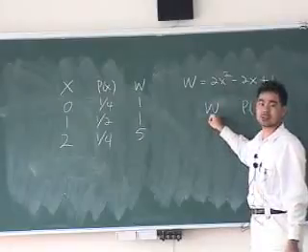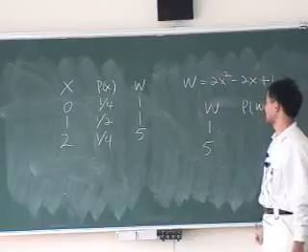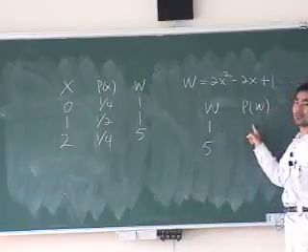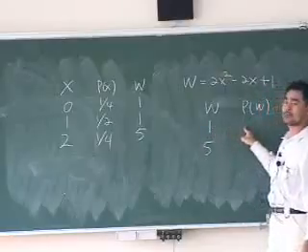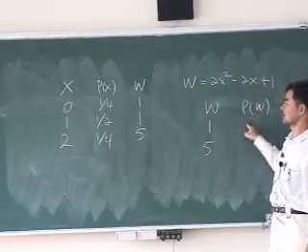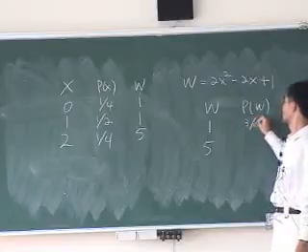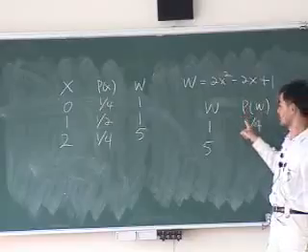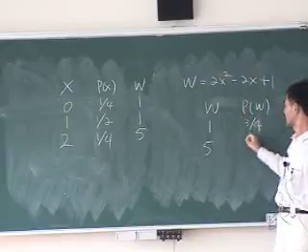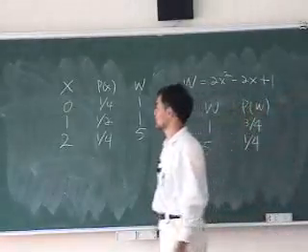The first one is 1. The second one is 5. So what about the probability of w? When w is equal to 1, the probability pw is going to be 3/4, right? 1/2 plus 1/4 is 3/4. And this is going to be 1/4. Okay? So this is one way to do it.